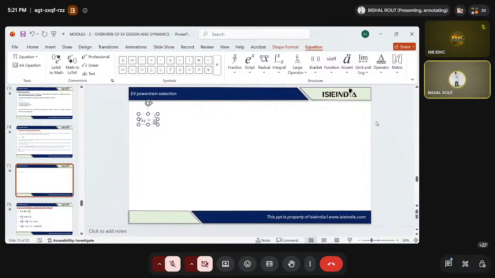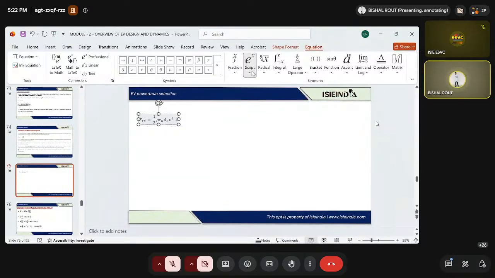It is half rho CD AF V square, where CD is the drag coefficient, and AF is the frontal area.